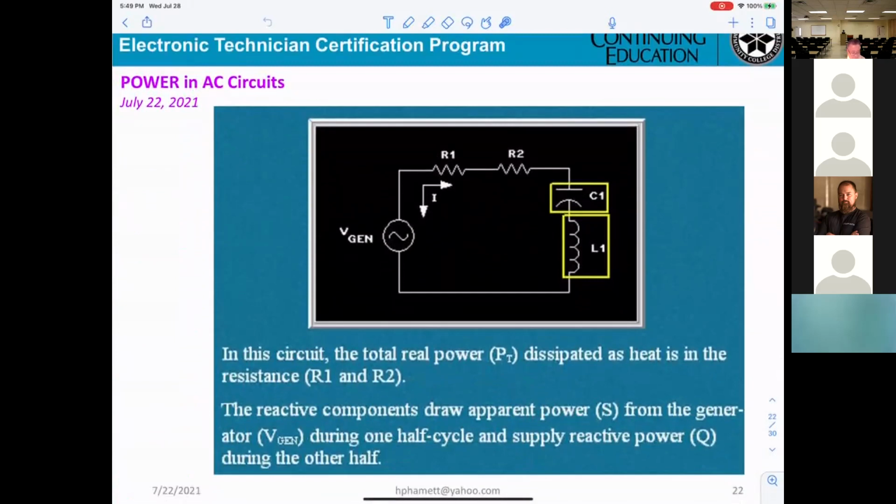In this circuit, the total power, P total, dissipated as heat is in the resistances R1 and R2.